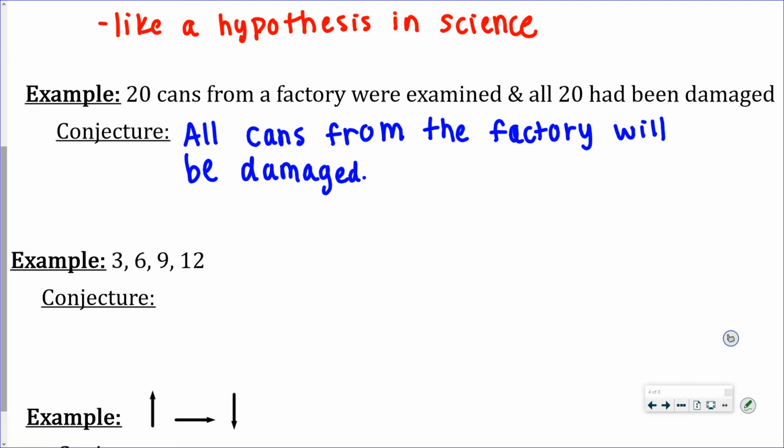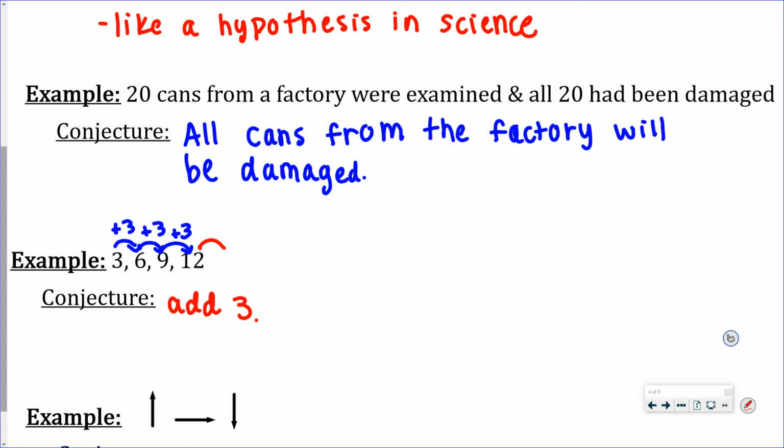Add 3. How do I get from 9 to 12? So it's looking like my pattern here is that I'm adding 3 to each term to get to the next term. So my conjecture of how I'm going to get to the next is add 3. That's your educated guess of what we're going to do next.